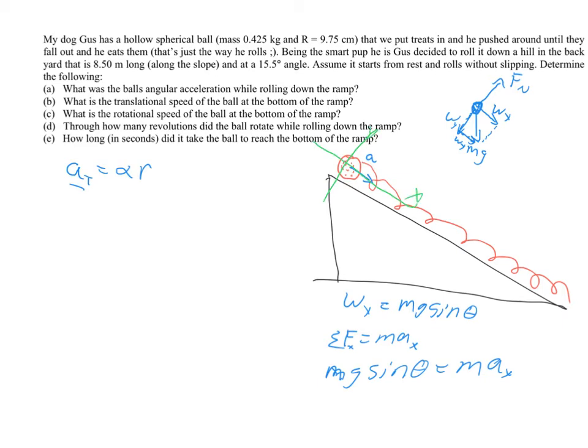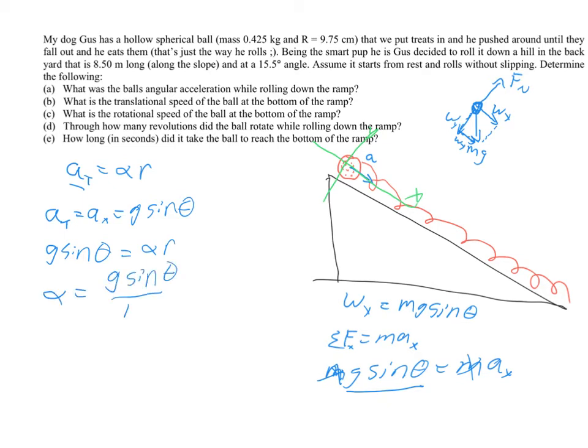In that situation, our acceleration is just going to be equal to g times the sine of the angle. So our tangential acceleration, which is the same as the linear acceleration down the ramp, is g sine theta. So when you go to solve for alpha, you can say g sine theta equals alpha multiplied by r, or alpha equals g sine theta over r. So now you have the linear acceleration of Gus's ball down the ramp and alpha.